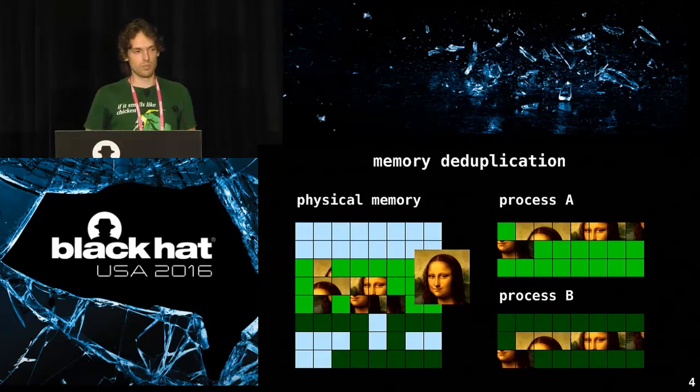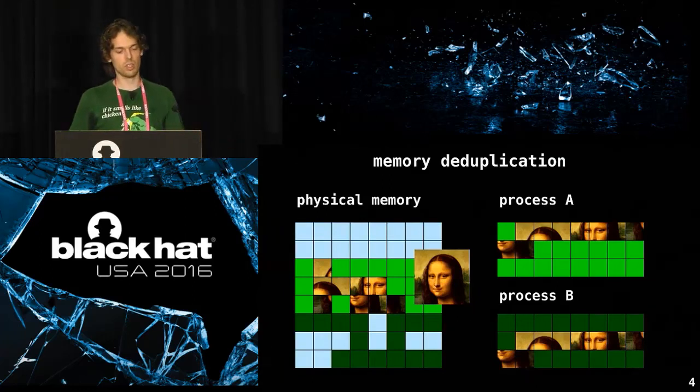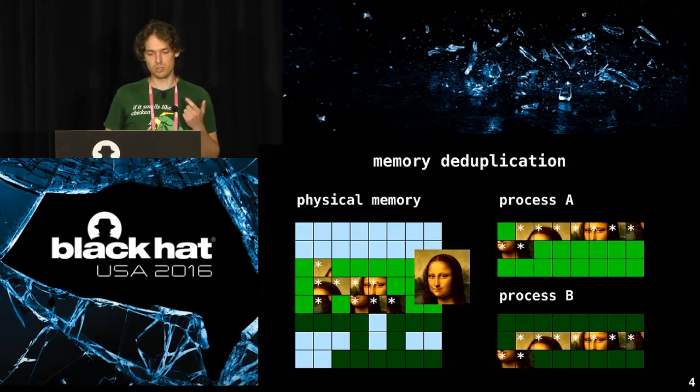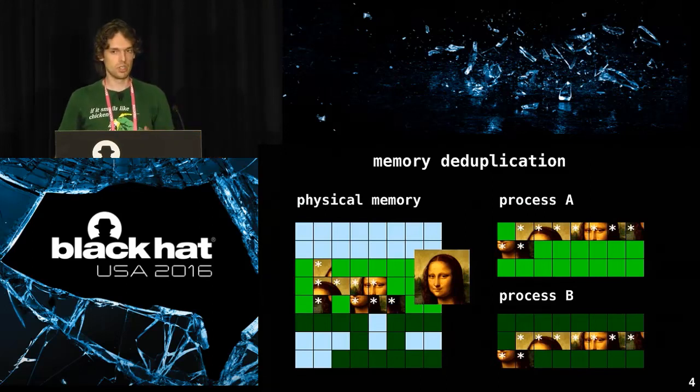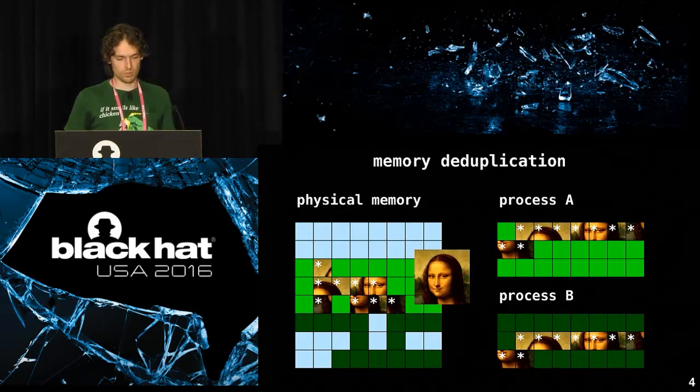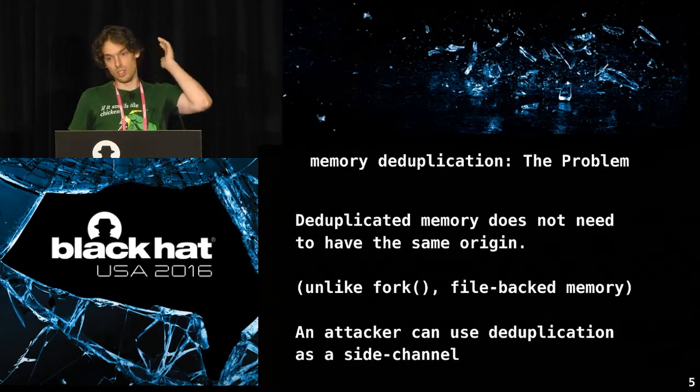Of course, now we have a problem. If process A tries to write to the data, it will also change in process B. That's why the operating system marks those pages as copy on write. But this enables another thing.